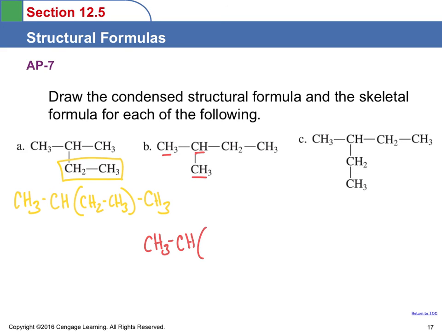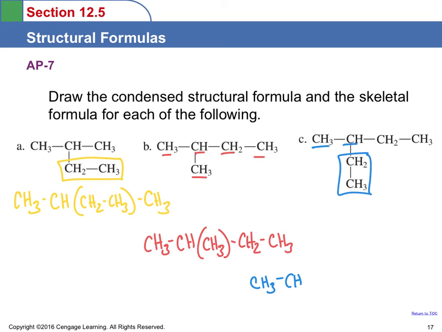This CH3 is going to be in parentheses because it's branched off. Back to the main chain, we've got CH2, ending with CH3. Last example, we have CH3, attached to a CH, attached to this group, so that whole group is going to go in parentheses. Back to the main chain, CH2, lastly, CH3.